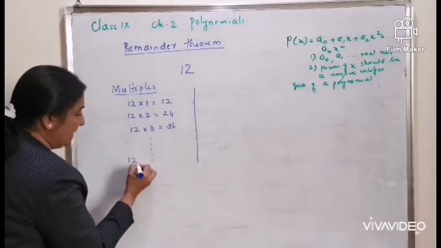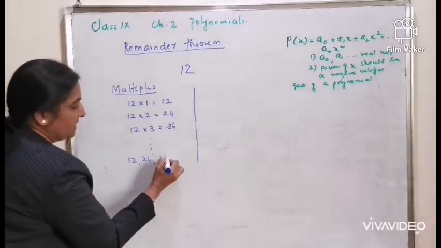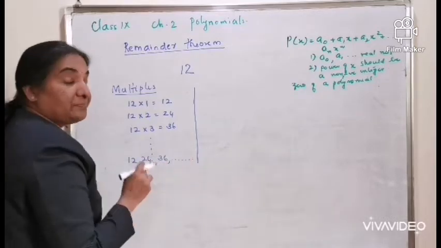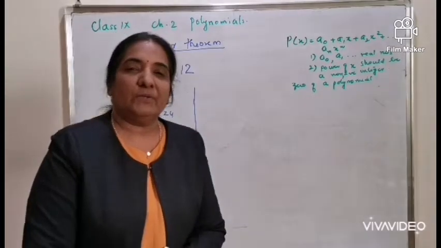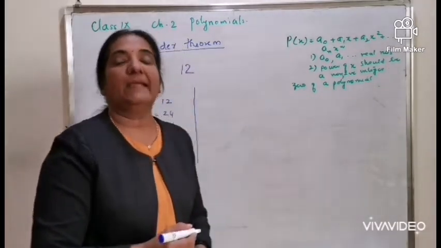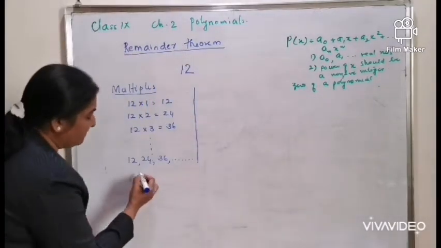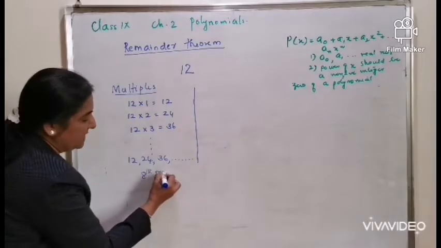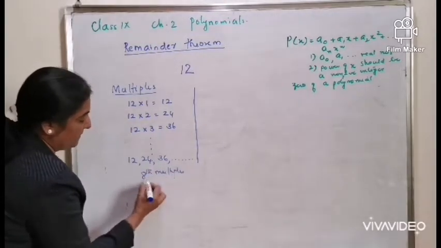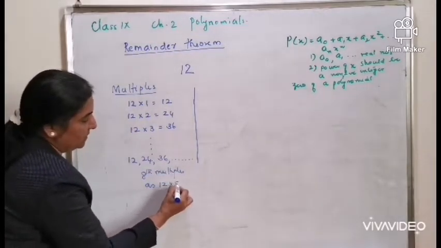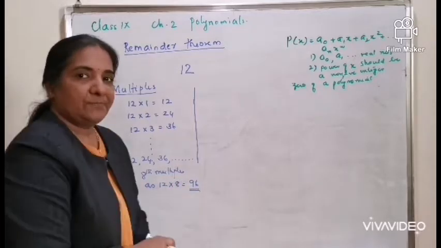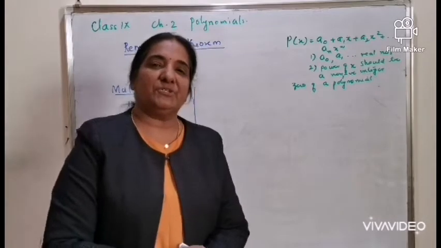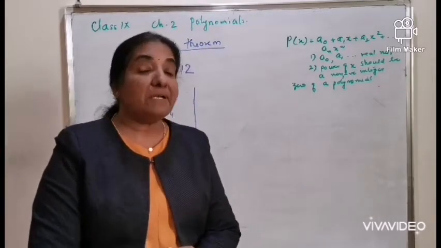Thus 12, 24, 36, etc. are the multiples of 12. To find the 8th multiple of 12, 12 into 8 is equal to 96. Thus, for any given number, you can calculate the multiples.